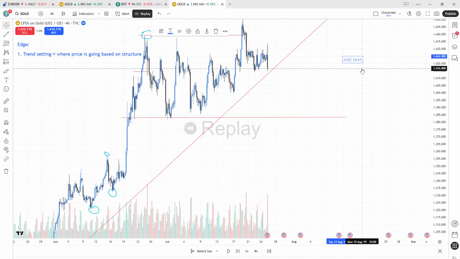So right here, I'm going to put pullbacks, right? What we have to look for is break of structure, right? And then break of structure, and then look for continuation, right?